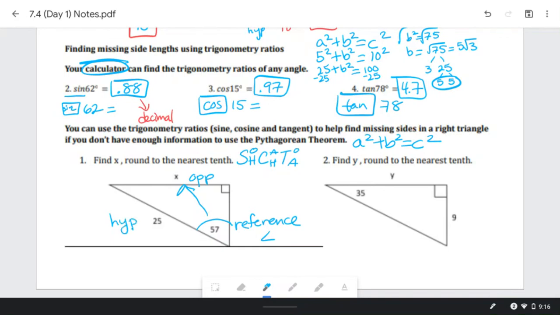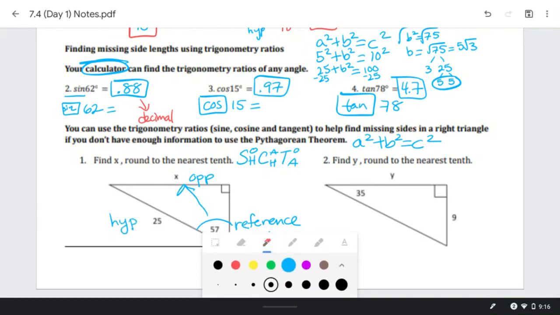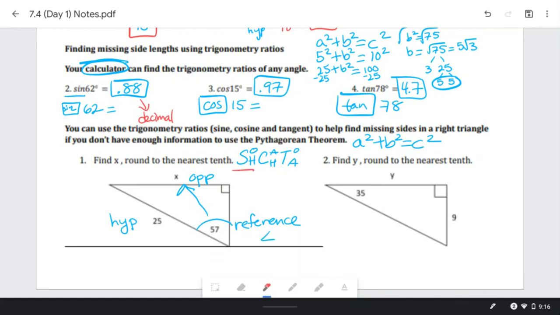So that means you've got to look at SOHCAHTOA and see which one am I going to use? Am I going to use sine, cosine, or tangent? Well, I've got an O and I've got an H. So I'm going to use sine. So instead of writing sine of A or sine of B, we're going to write sine of 57. And that's going to be opposite over hypotenuse. So X over 25.